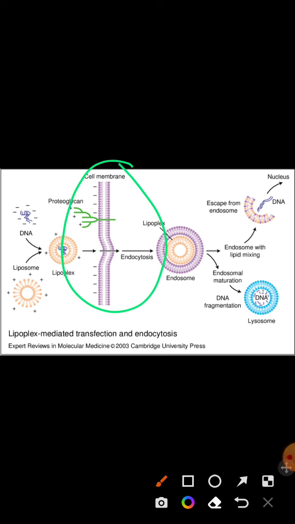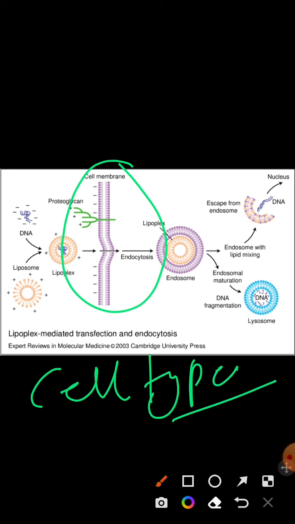Another disadvantage is that it is not applicable to all kinds of cell types. This lipoplex mediated gene transformation and endocytosis fails to transfer genes in the case of those cell lines that contain lipid. Those are the disadvantages that you need to know.